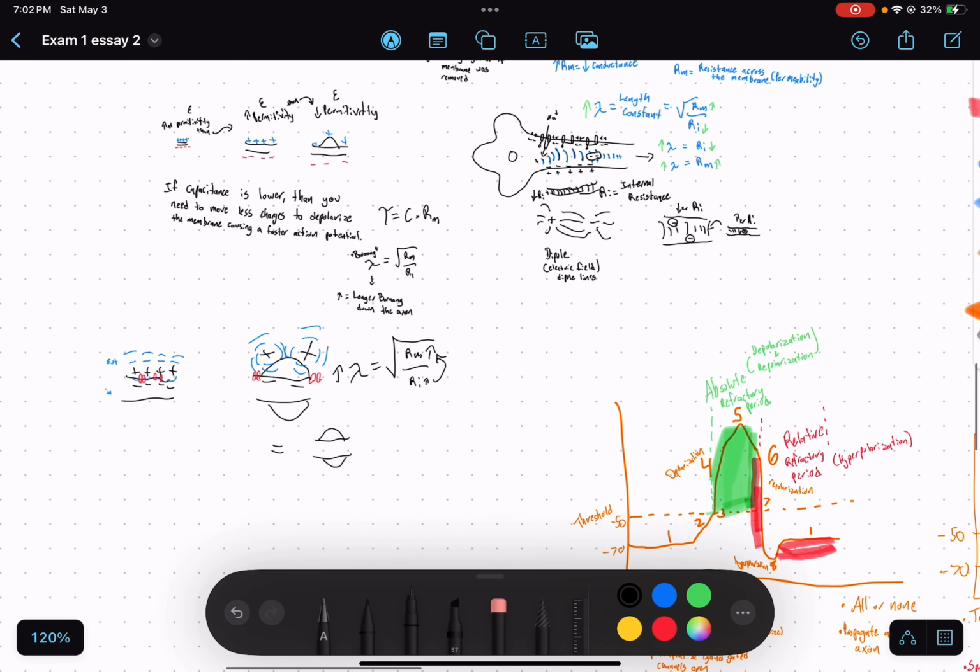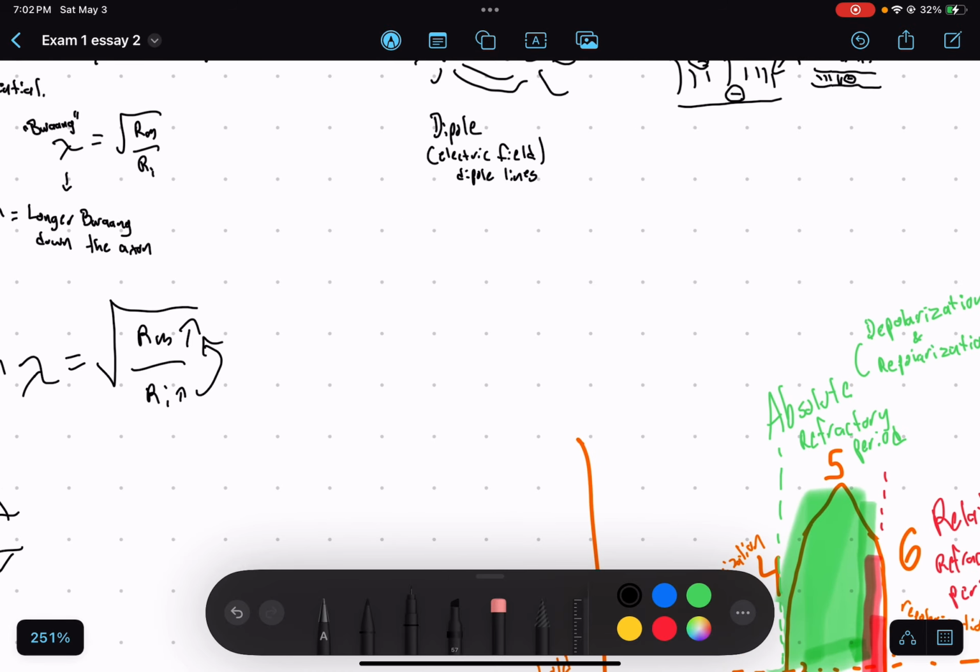And with the myelin sheaths, we're just going to draw two here.